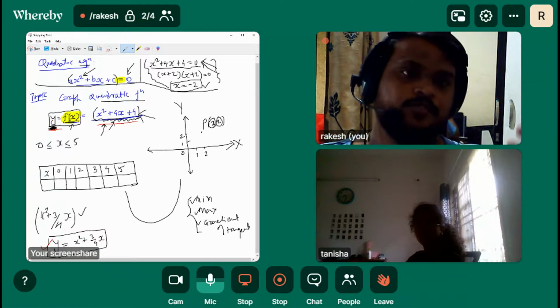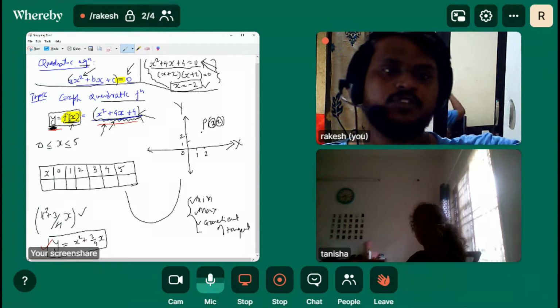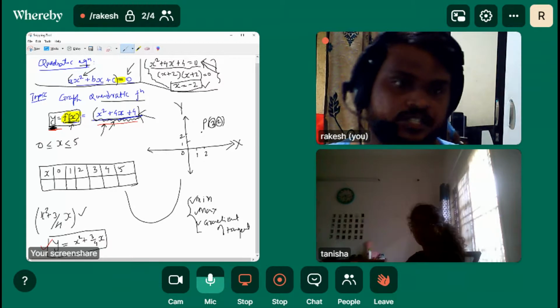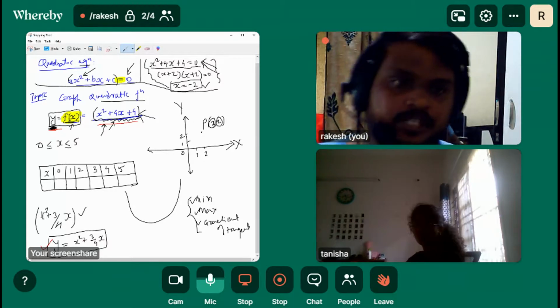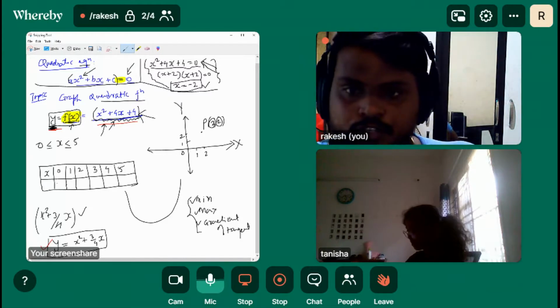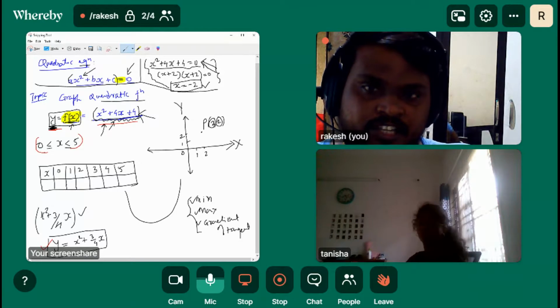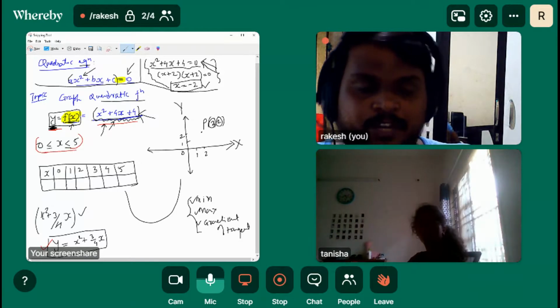So graph means we have to plot some points on the graph paper, and draw a smooth curve which passes through all these points. Sometimes the range for x may not be provided.